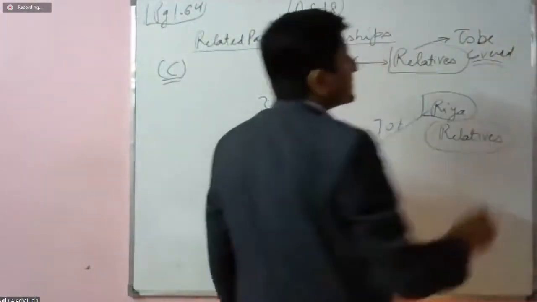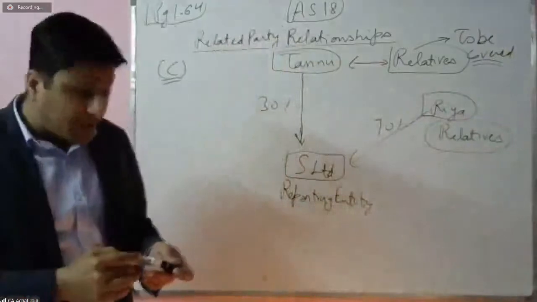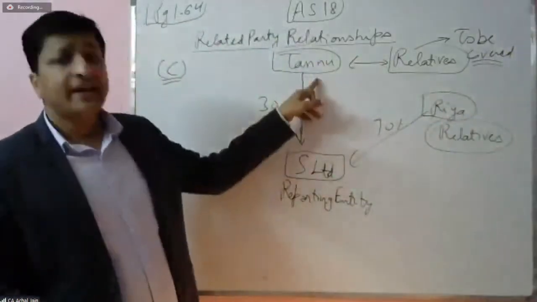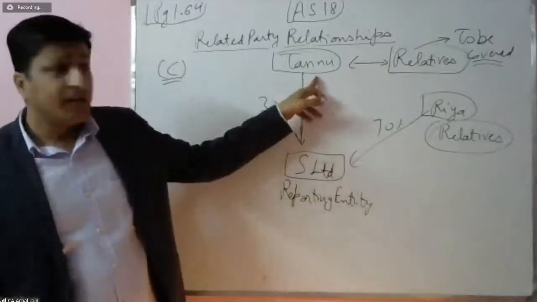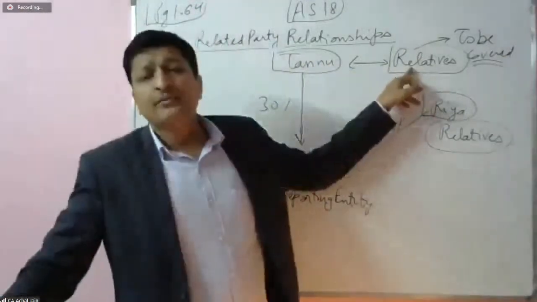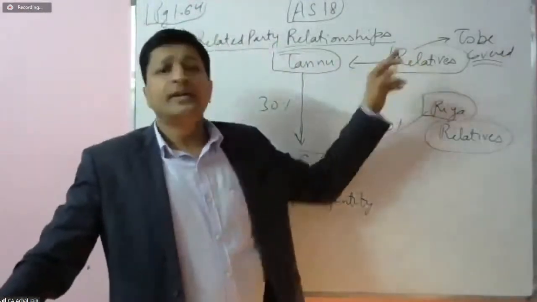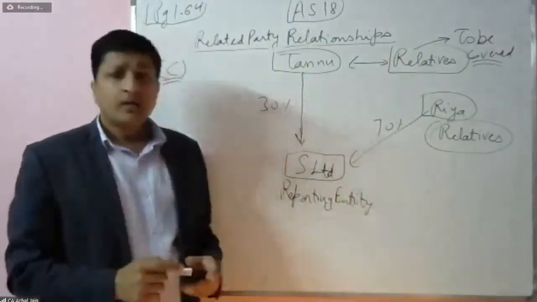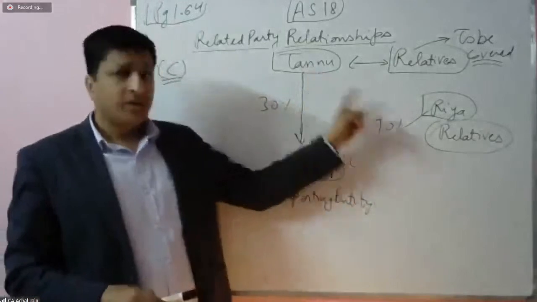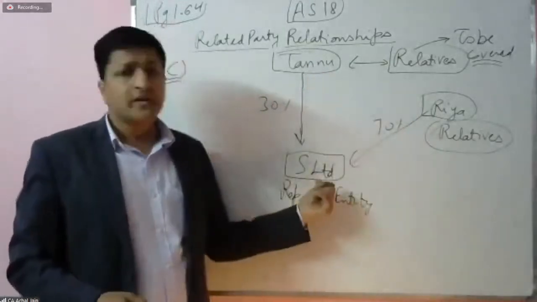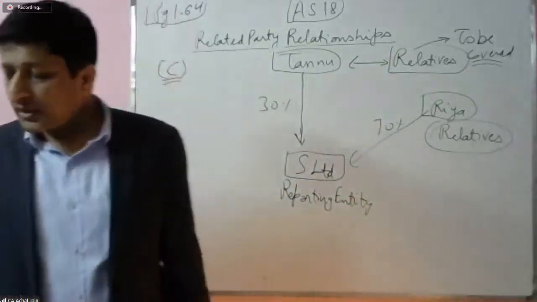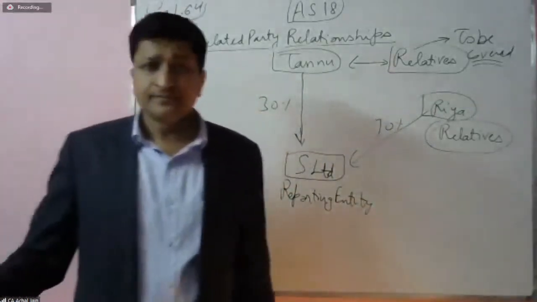For the time being, you just need to simply remember that individuals will get covered, and whenever the individual becomes a related party, the relatives of the individual will also become the related parties of S. Relatives of Tanu, relatives of Ria will become related parties of S. Now, who all relatives will get covered, we'll talk about separately.